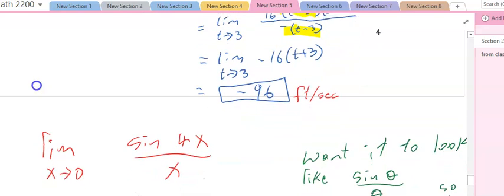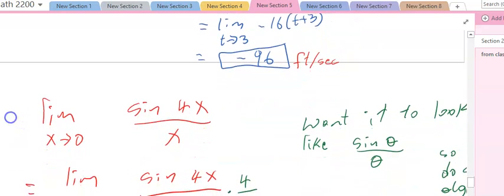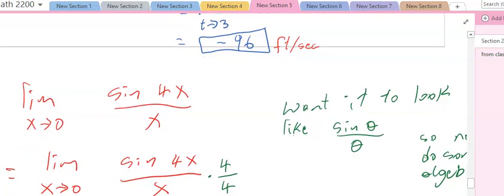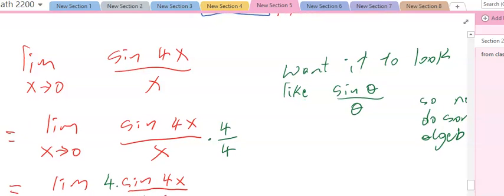Okay, let's look at another application of our limit laws. The next question is: we want to find the limit as x approaches 0 of sine of 4x over x.